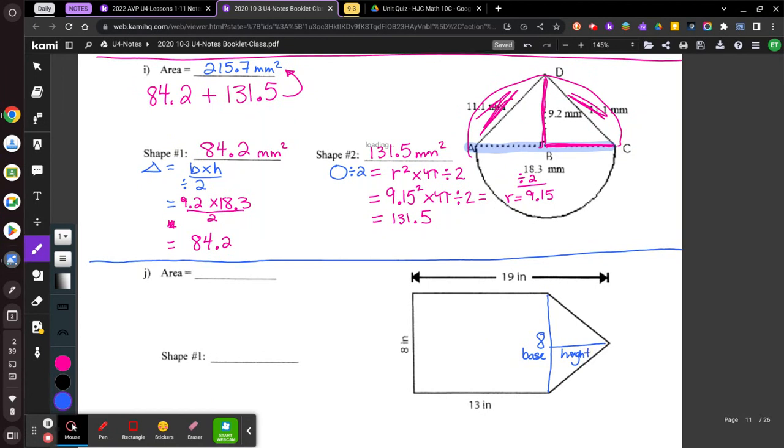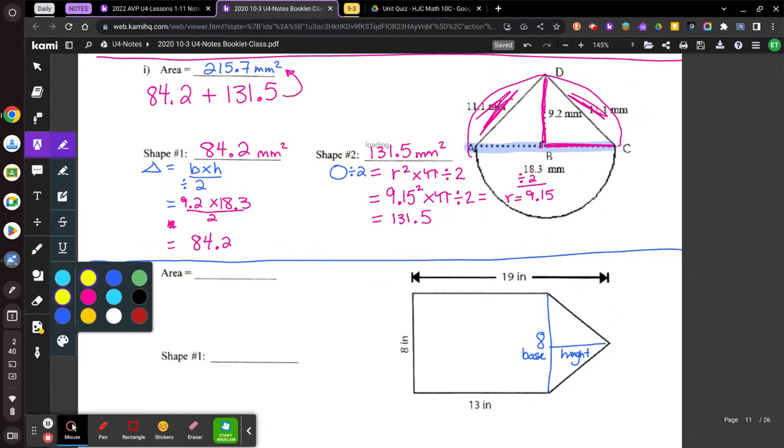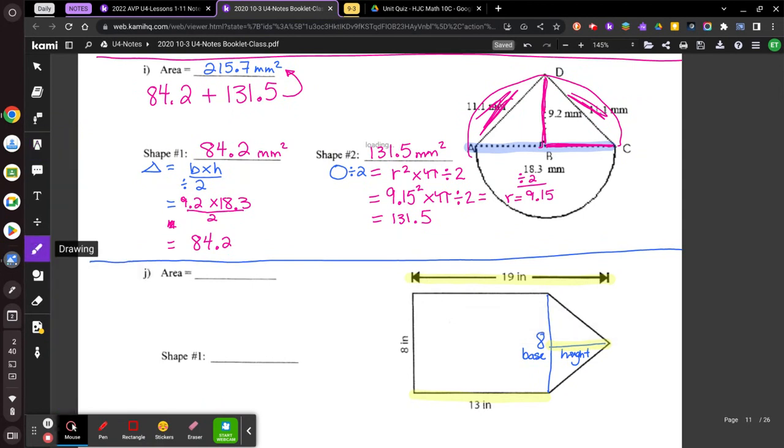There's two numbers there that are going to help you. I'm going to highlight them. So we have this length right here all the way to the edge, and then I have this length right here. How could you find that height number? What do you notice they have to match?